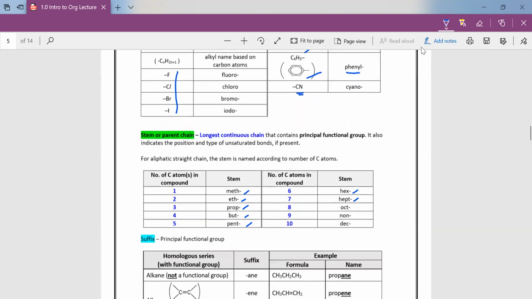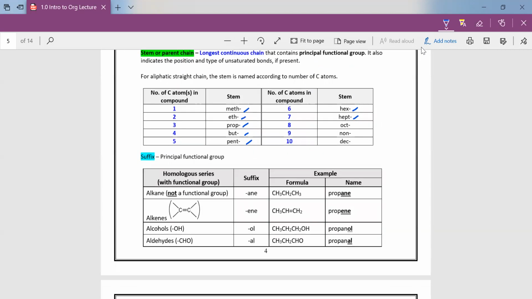And then finally we have the principal functional group, which tells us what is the main functional group in this structure. Alkane, take note, is not a functional group. It's just a homologous series. The rest are functional groups.